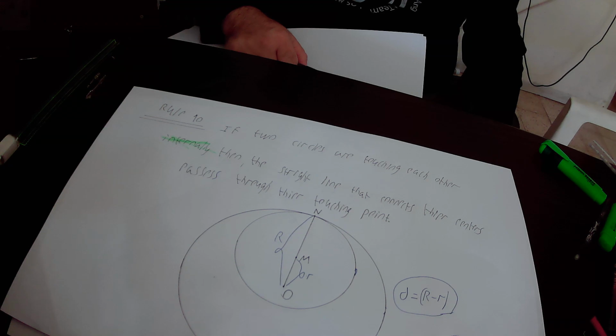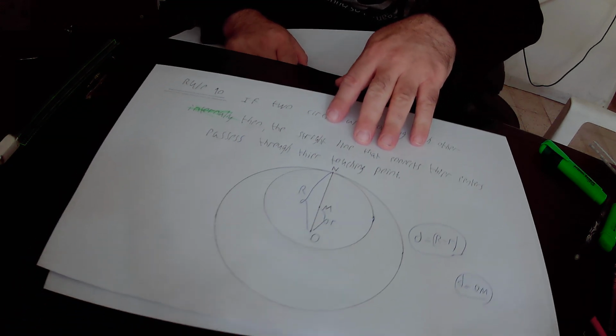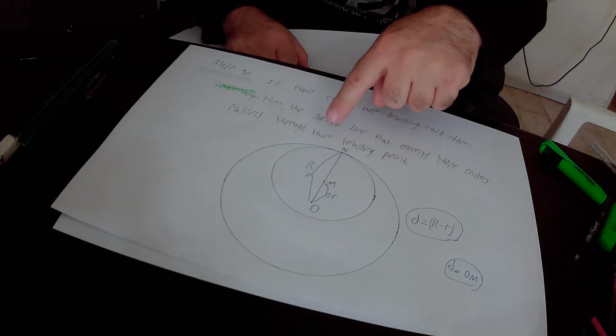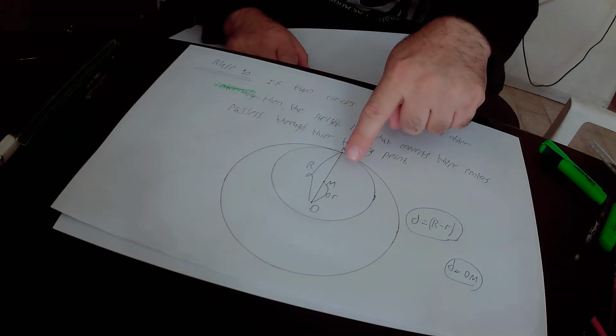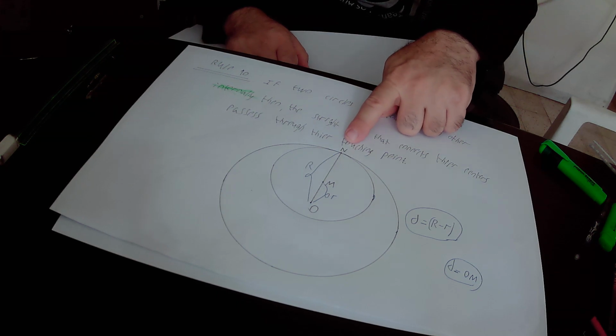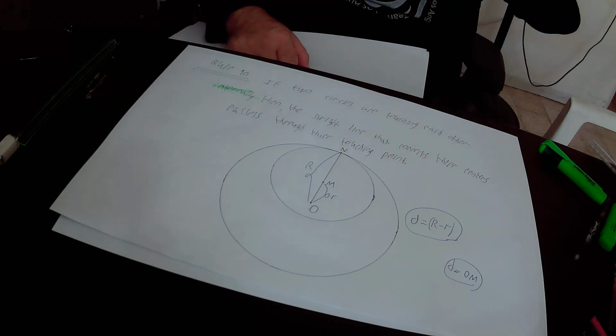if two circles are touching each other internally, like in this drawing, the big circle touches this small circle at point N. Point N is the point of tangency, or the touching point, between the two circles.